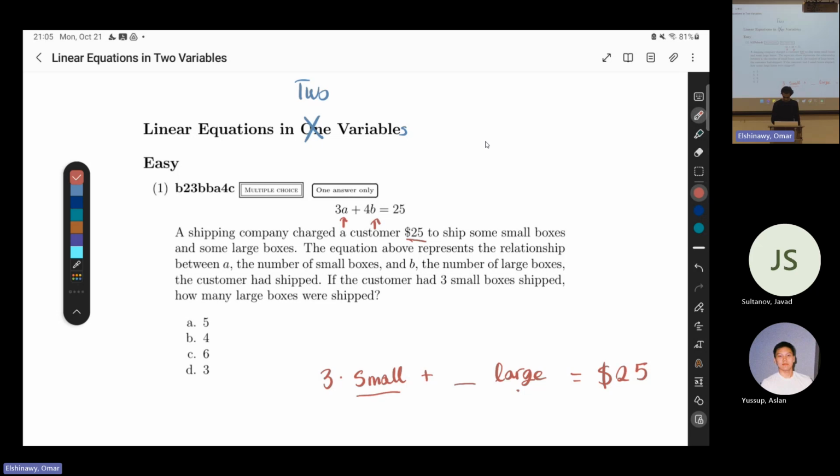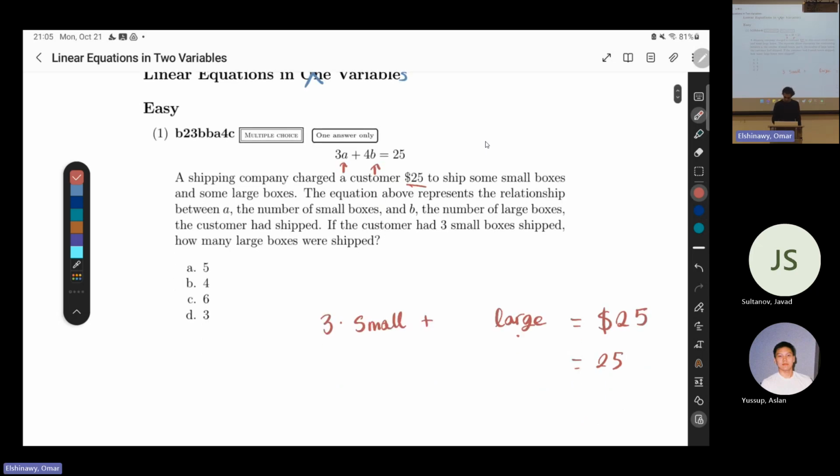So if B is, we have 25 here. I'm copying this equation. It's for B. It gives 25. And we know that A is the number of small boxes. B is the number of large boxes. Then how many large boxes were shipped?